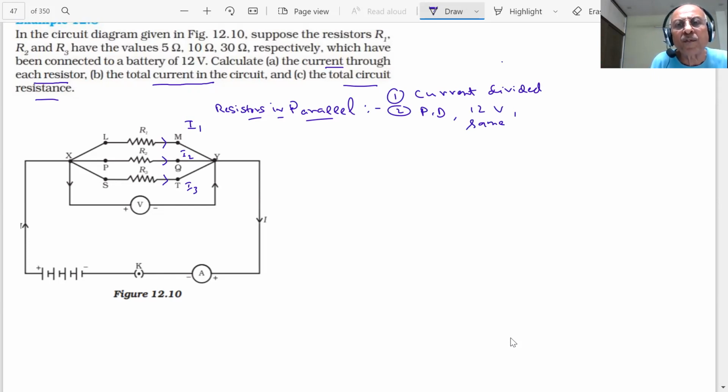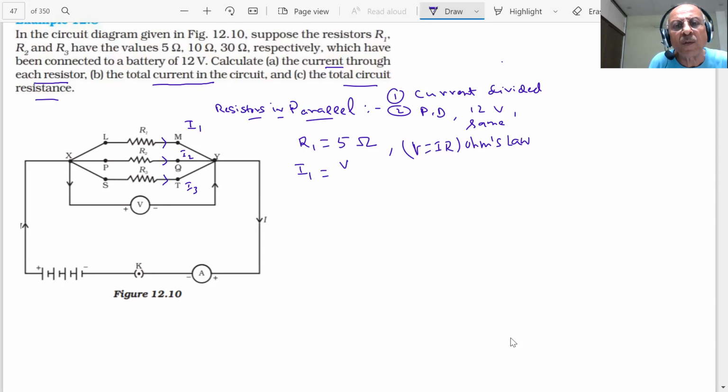So first, R1 is how much, student? R1 is 5 ohms. We know the formula, V is equal to I into R. This is our Ohm's law. Always I am using that. So what will be I1, student? V is the same.